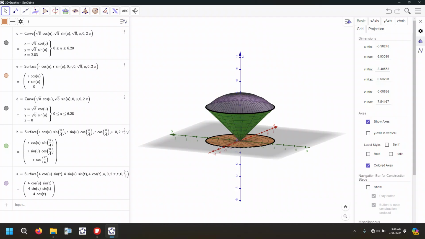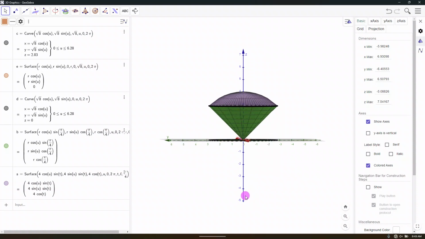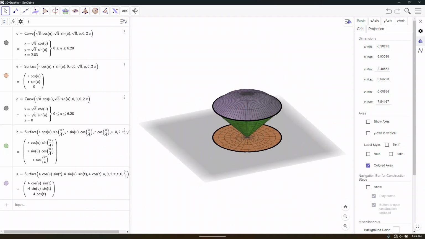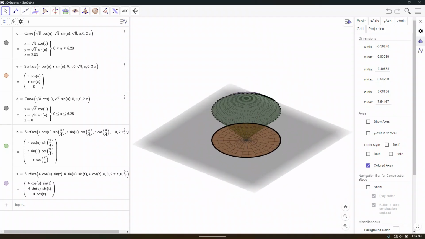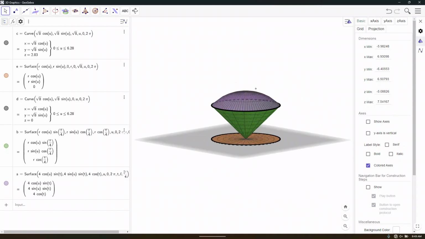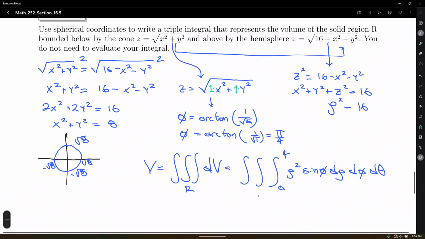But if we start at the North Pole, where are we going to stop? Are we not going to stop at 45 degrees, or pi over 4? So that's our upper limit for the drop down angle: 0 to pi over 4.